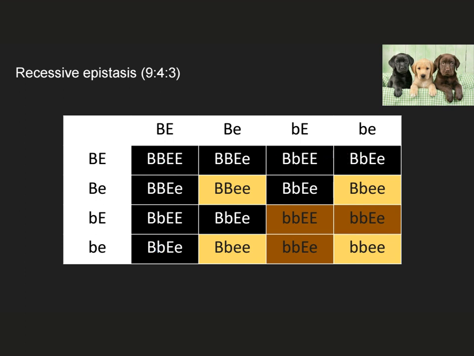So the 9 we've already seen. This is a situation where you have at least one copy of each allele. Here I've called the genes B and E. That one of the 3's is also the same. This is when you have at least one copy of, in this case, I made it the E allele, but you don't have a single copy of the big B allele.